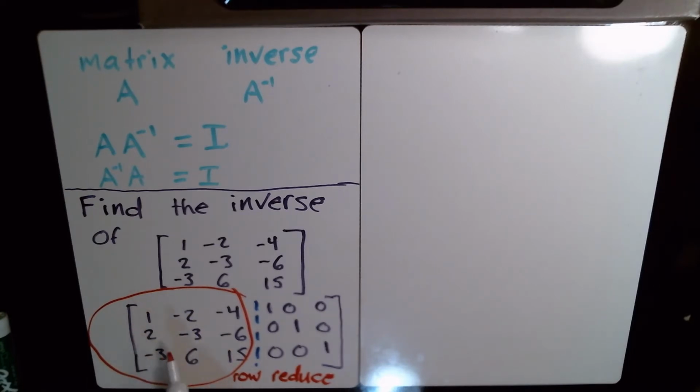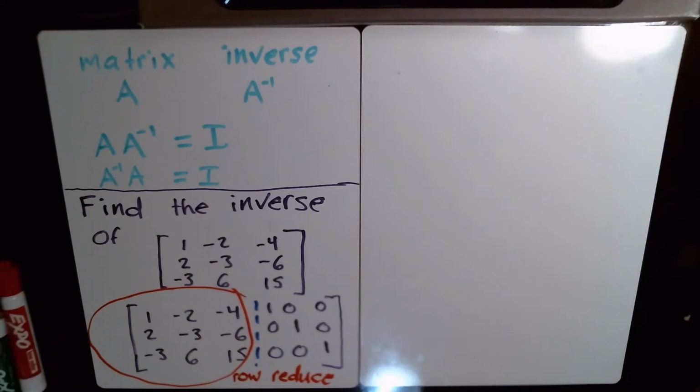Okay, ones along the diagonal and then zeros everywhere else. You want to end up with the identity matrix here. And then whatever is over here on this side, after you do your row reductions, that is going to be your inverse. Okay, so we're going to row reduce this to get the identity matrix on this red part of the matrix.